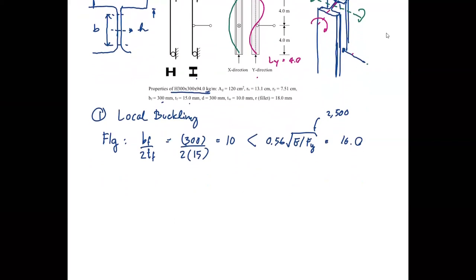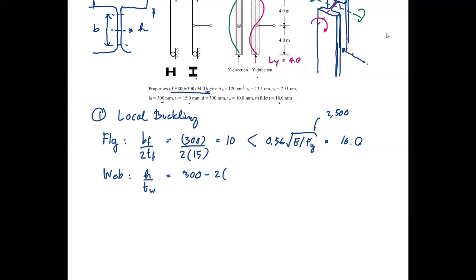And then the web. It's H over TW ratio, which if you want to calculate, the H comes from D, which is 300, minus 2 of the K, right? And K comes from fillet and the flange thickness.